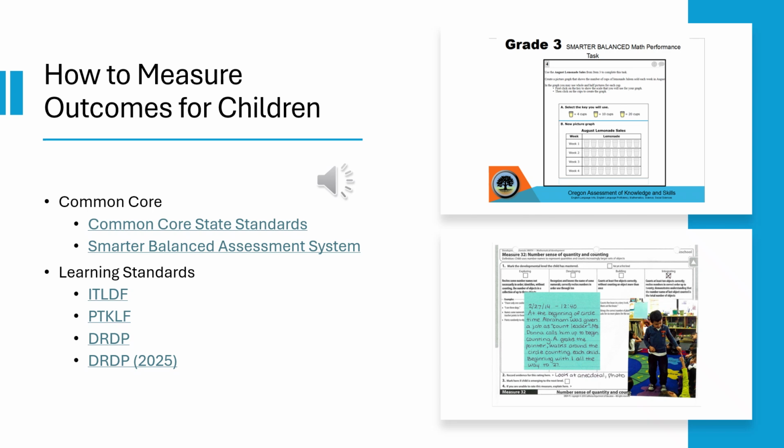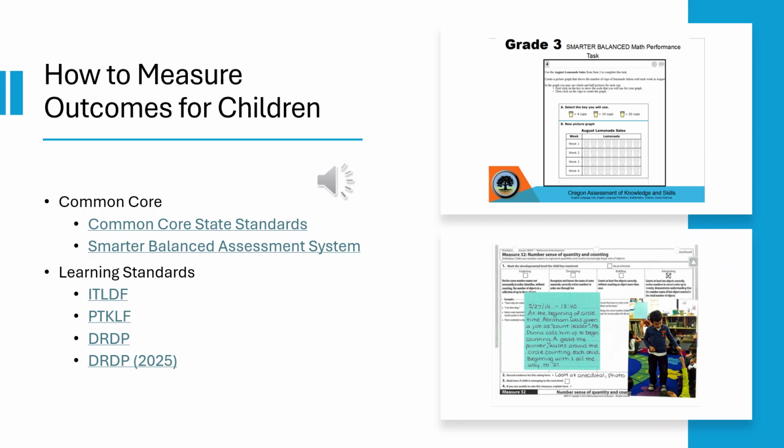So if we're talking about younger children and we want to assess how they're doing in meeting those learning foundations or those milestones, then we use something called the DRDP, and I've put a little example of this in the bottom right corner.